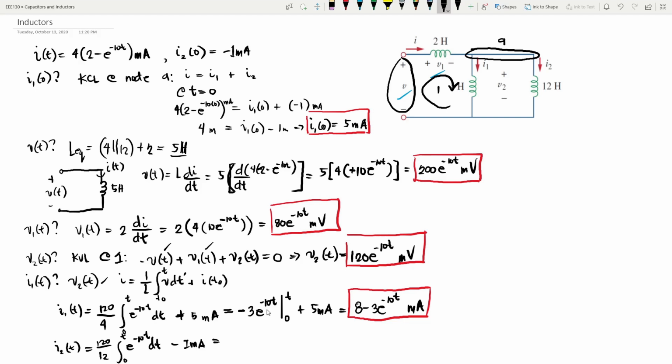So this becomes negative e to the negative 10t evaluated from 0 to t minus 1 milliampere. So finally, we have I2 of t equal to negative e to the negative 10t milliampere.